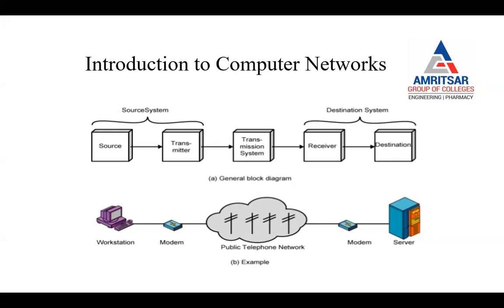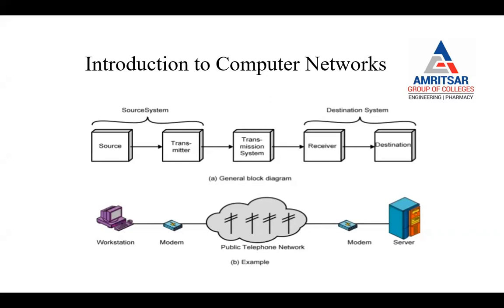Basically, data communication is to transfer data and maintain the data during the process, but not the actual generation of the information at the source and destination. That is the basic introduction to computer networks.